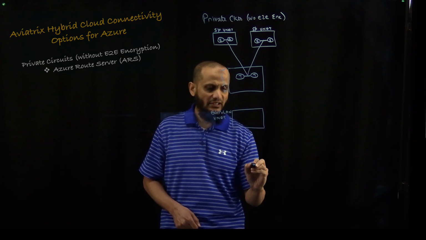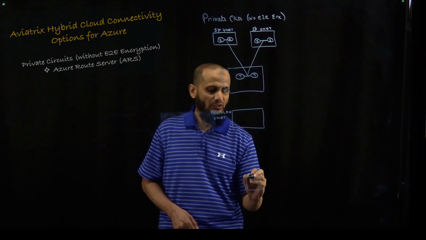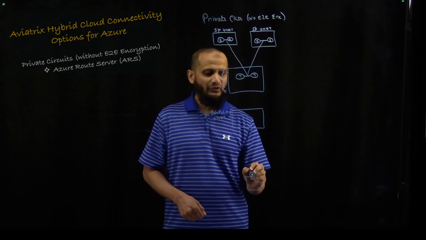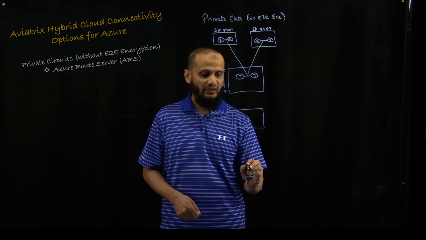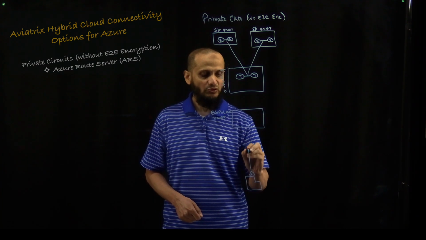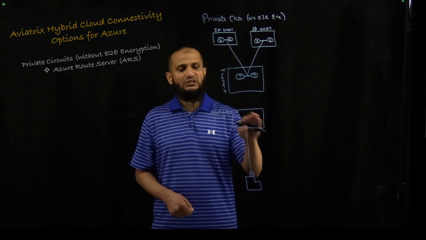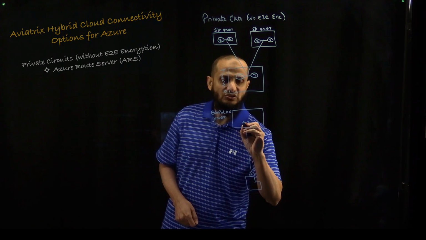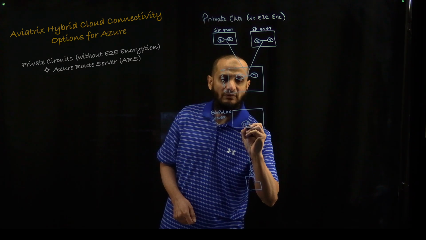So first, let's see what we have from on-prem. On-prem, we have a WAN router. And then the WAN router is going to have the connectivity using the Express Route circuits. I'm going to just draw one circuit right now. And then in the BGP over LAN VNet, we are going to attach the Express Route with the ER gateway, Express Route gateway.